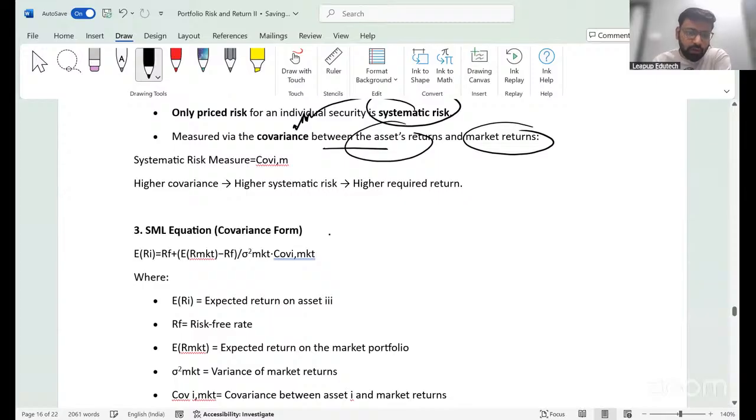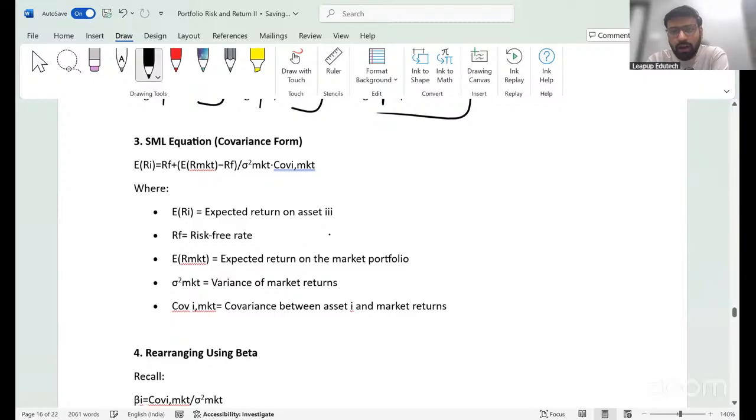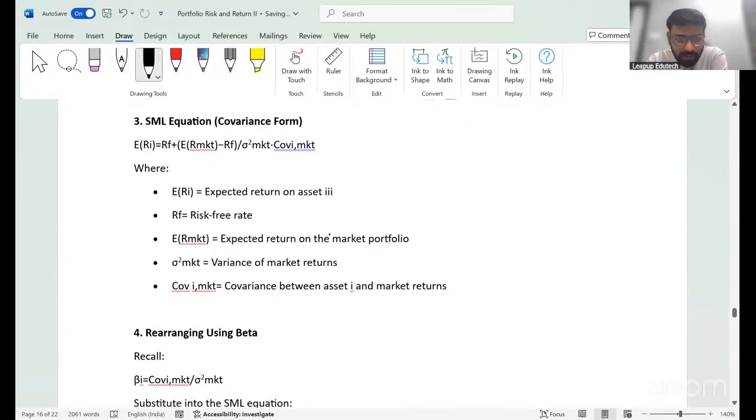Higher the covariance, obviously higher will be the systematic risk and higher the required return. Higher the risk, higher the return. And the equation of this line is nothing but what?